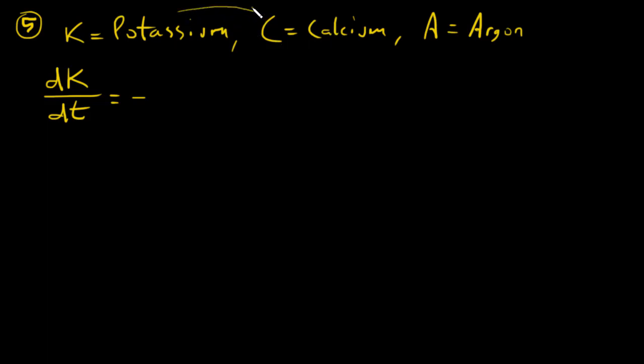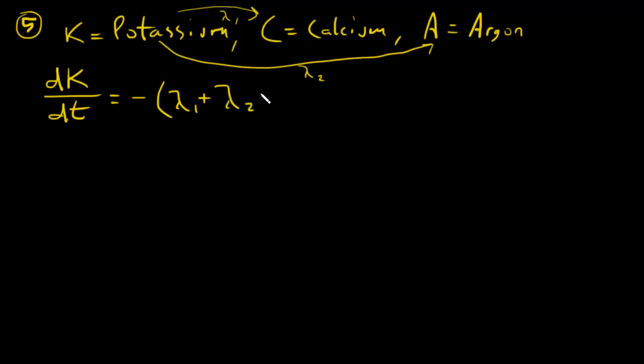So this one is going to be lambda 1. And this one to argon is going to be lambda 2. That's going to represent the rates. Okay? So dK dt is going to be negative lambda 1 plus lambda 2 times K.